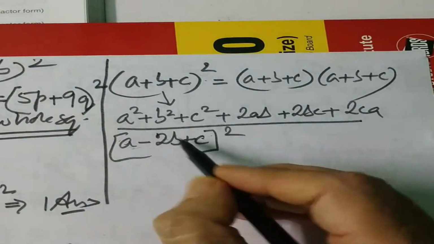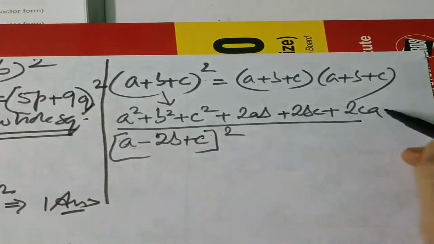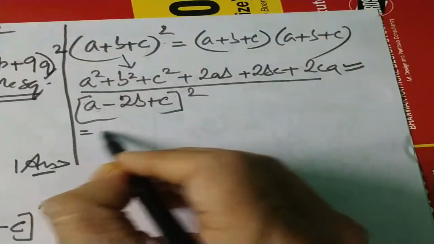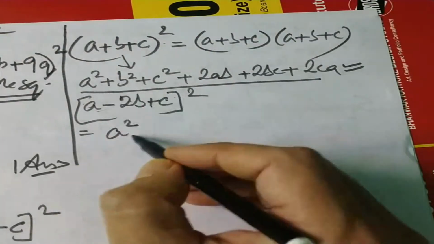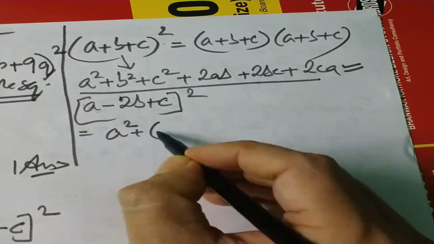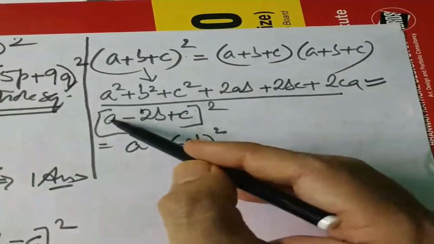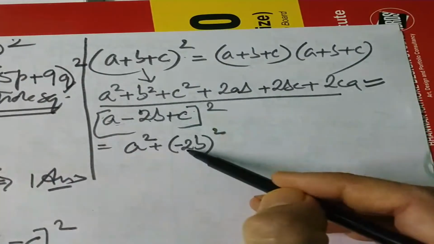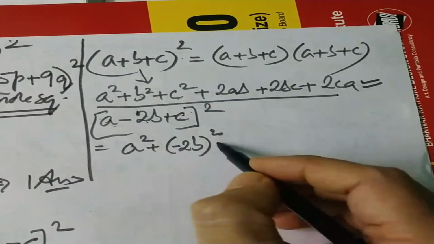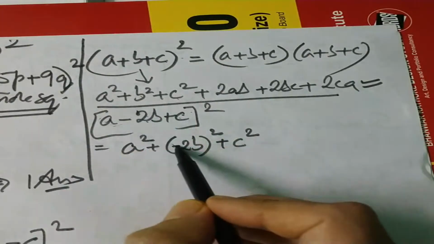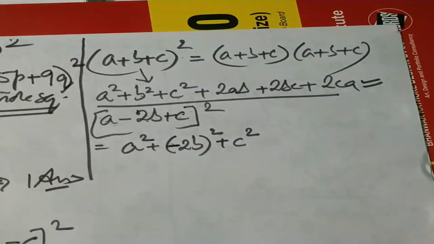According to this formula, the answer gives me a square, then plus b square, where b is minus 2b, a is plus, b is minus, so I have written minus, c is plus, so I will write plus c. Since b is a minus term, I have kept the minus sign in brackets.